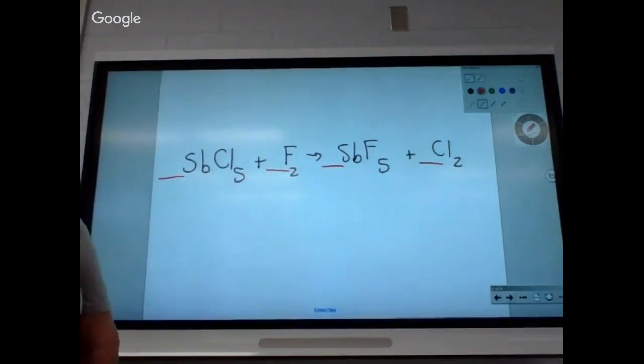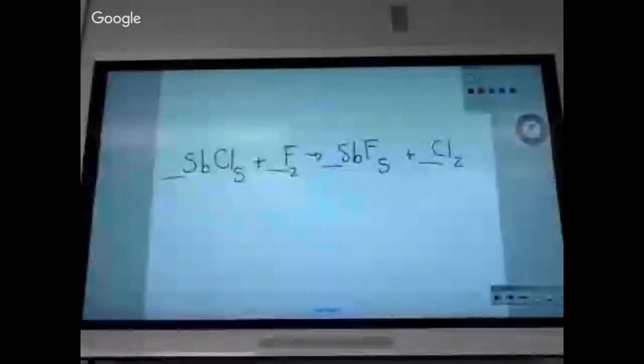I won't draw the lines tomorrow. So when we look at the equation, again, pick an element to start with. Now, some of you look at it and you're like, I don't know which one to pick. Pick one that has a subscript. Okay, don't pick one that's got a 1. It won't do anything for you. If it's got a 1, it's balanced. So pick something that has a number other than 1.